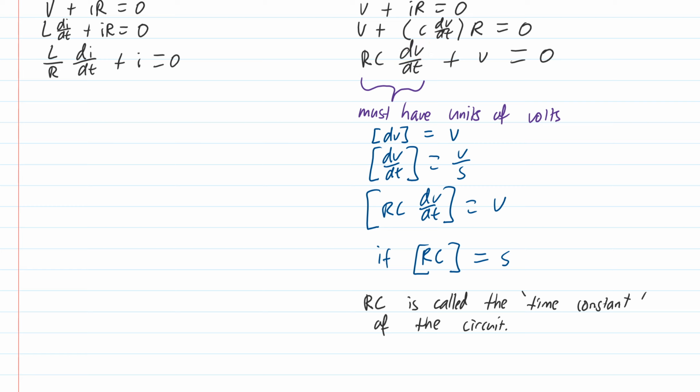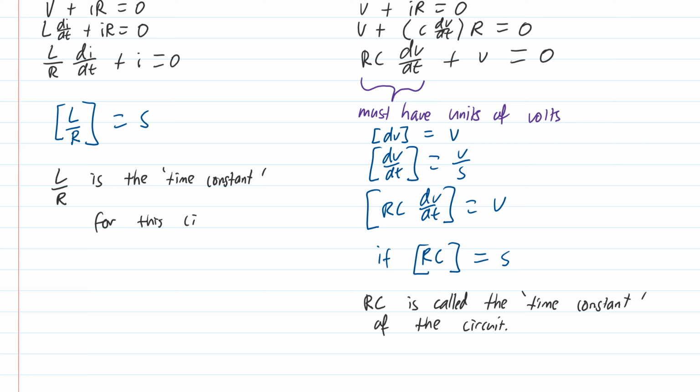Now we can apply a similar argument to the inductor equation, where we end up with L over R having units of seconds. So again, L over R is the time constant for this circuit, and it describes basically how quickly this system responds.